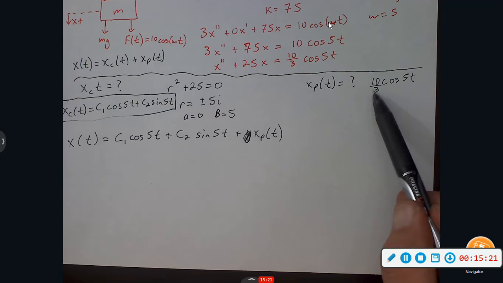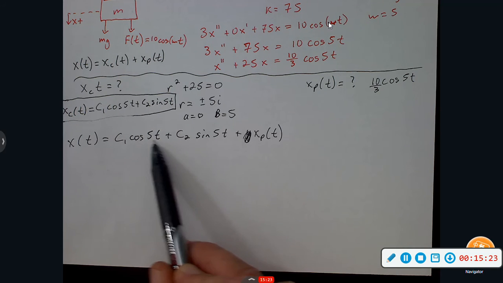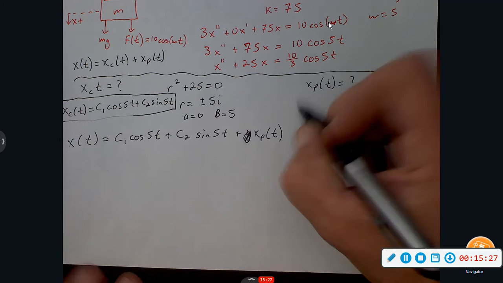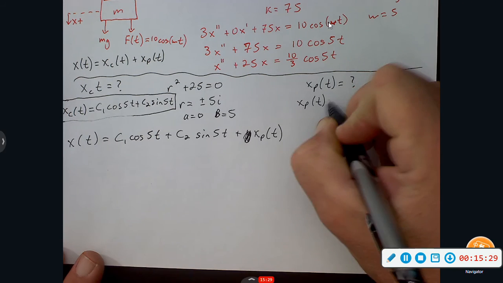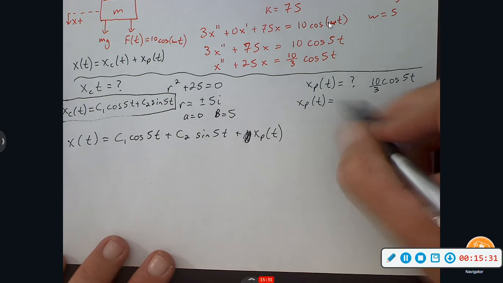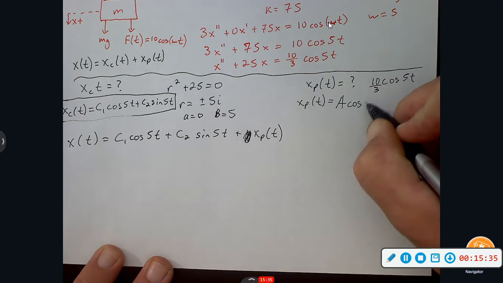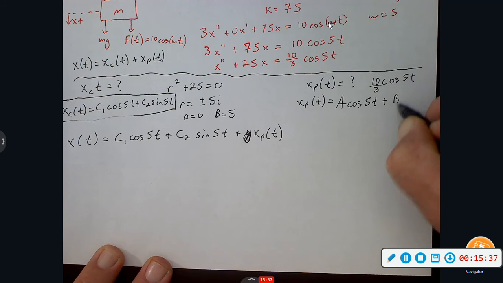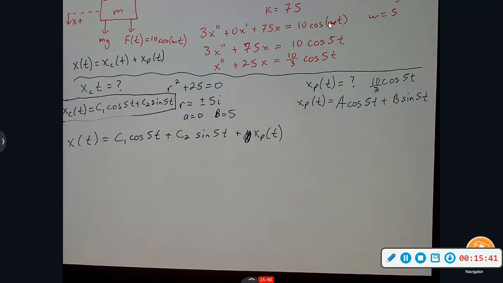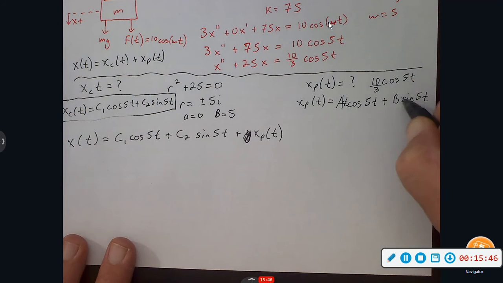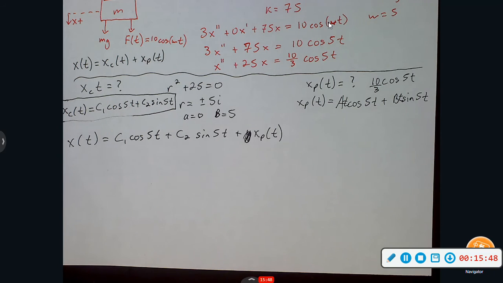We already have a constant taken up, and we already have cosine 5t taken up. So we're going to have to add a linear portion to that. We can call it a cosine 5t plus b sine 5t. That's what we would try to do, but we can't do that, we just talked about that. We have to add a variable in there. So we're going to add a t here and a t here. And now it's uniquely different.